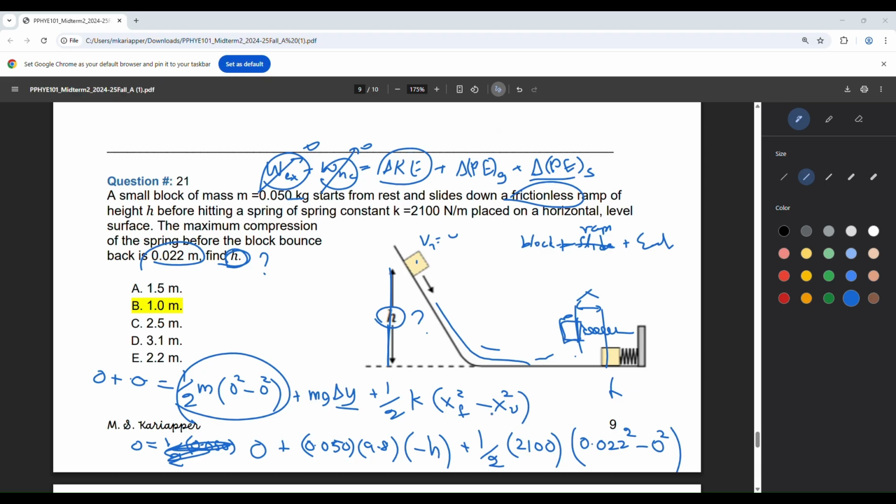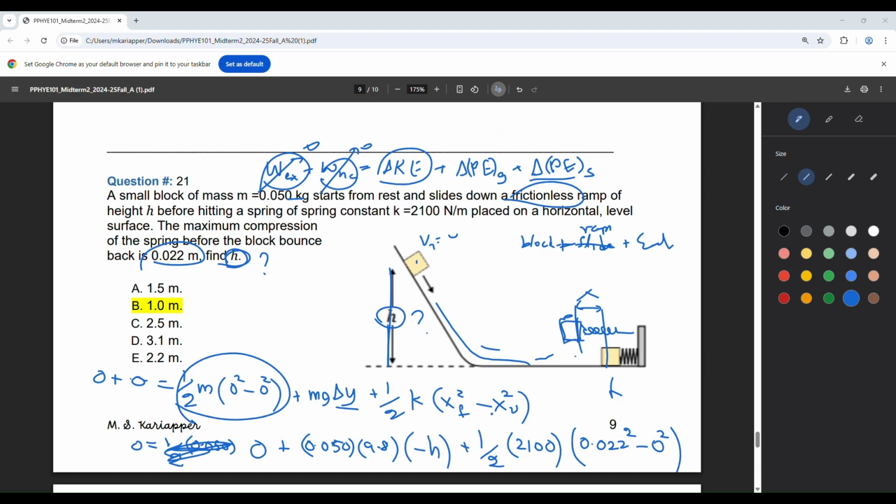It is coming from the earth on the block, so it is not an external force. Spring force is also part of the system. It is not an external force. That means it's an isolated system. There is no force from outside.